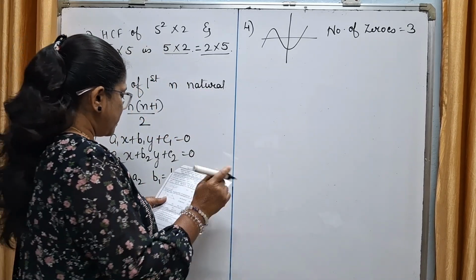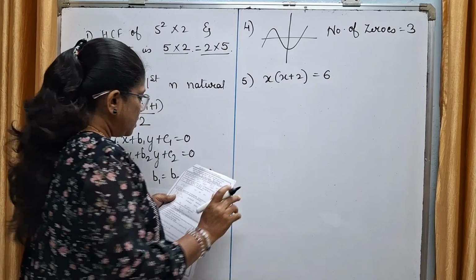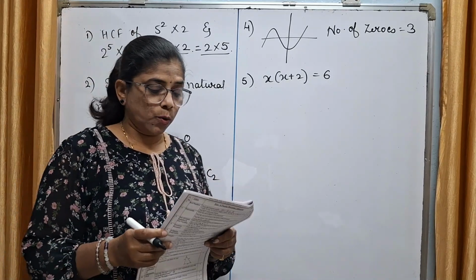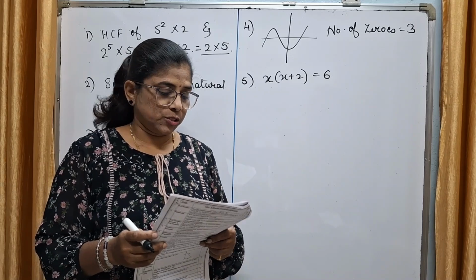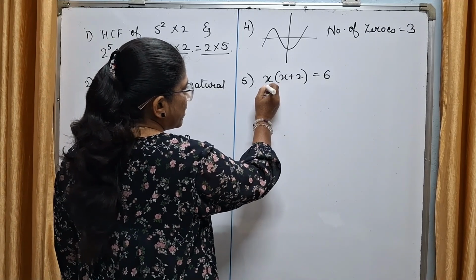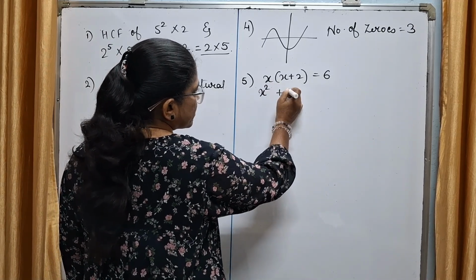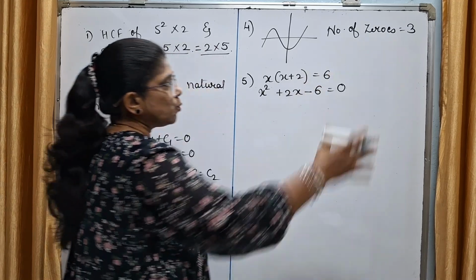So simple question. So passing is not at all difficult. Now the next. Here this equation, that is (x plus 2) whole squared is equal to 6, is of which type? Whether it's linear, quadratic, cubic, quadratic polynomial or quadratic equation. Let's check this. Now here if we simplify, we get x square plus 2x minus 6 equal to 0.